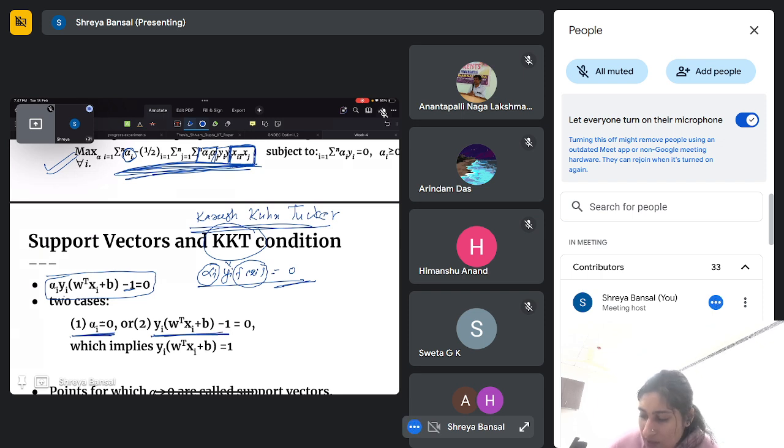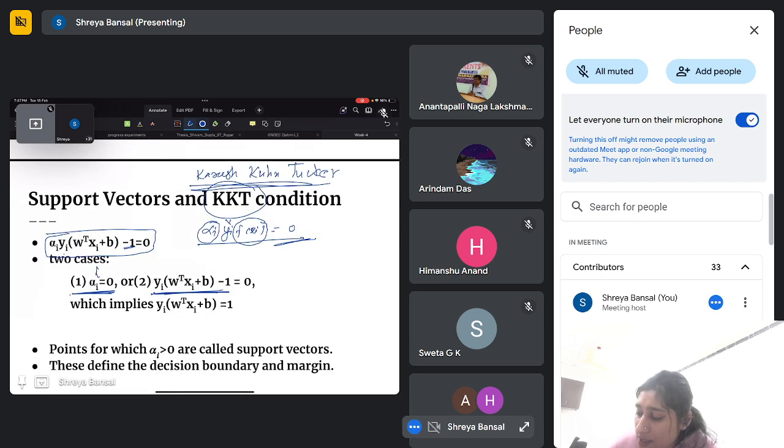It means that, simply, if this is 0, take the 1 to this side. So if this is equal to 1, it means that these are the closest points. This 1 indicates the maximum margin, right? The maximum margin we have reduced to 1 because we have taken 1 by m.